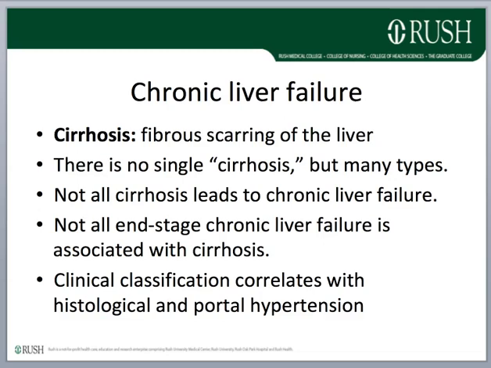Not all end-stage chronic liver failure is also associated with cirrhosis, similar to how acute liver failure is not always associated with massive necrosis. Chronic liver failure can be assessed clinically and then classified accordingly, and this clinical classification generally correlates with the histological features of the degree of scarring and also with the degree of portal hypertension.